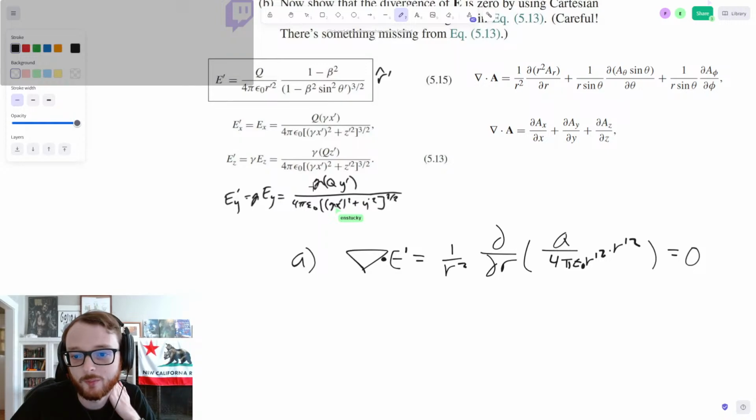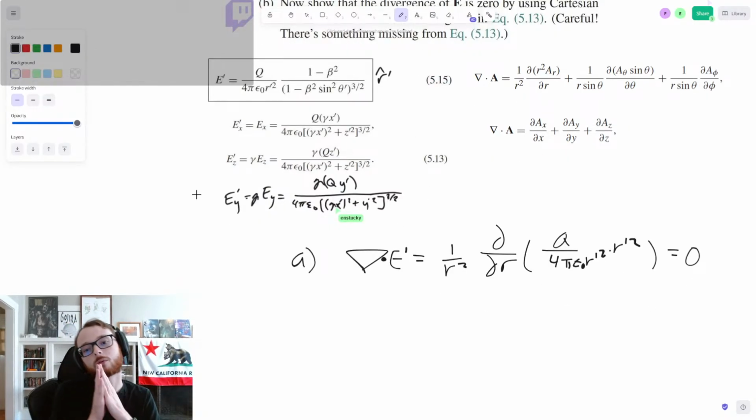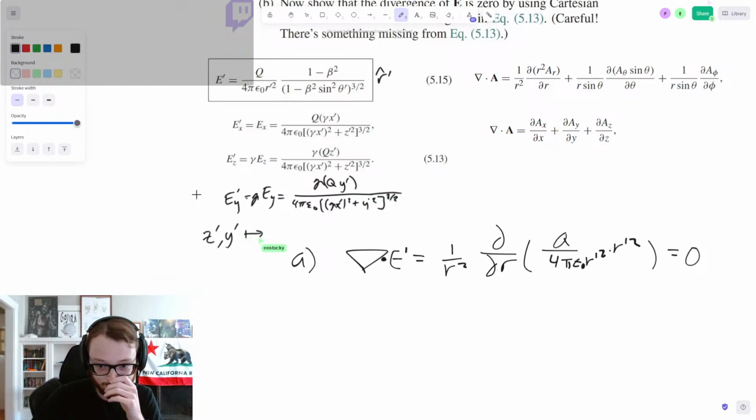Or wait, do we want the gamma though? So I want to replace both. Oh, for z there should be a prime and gamma. If z has a gamma, then y should have a gamma, I guess. Right. Okay.